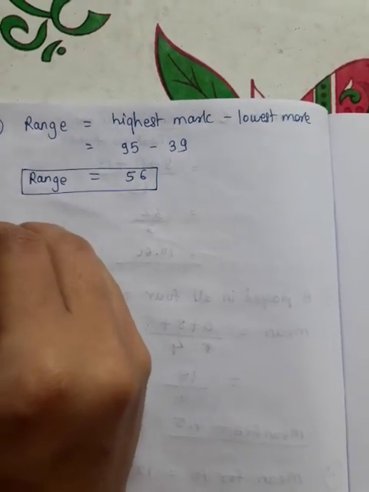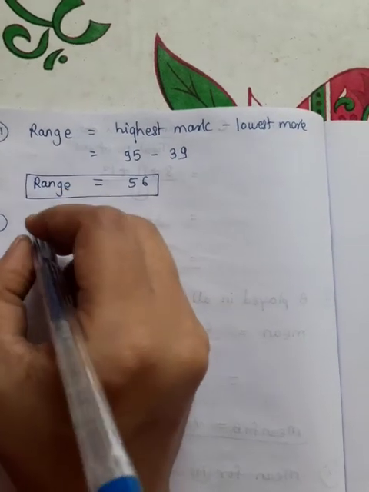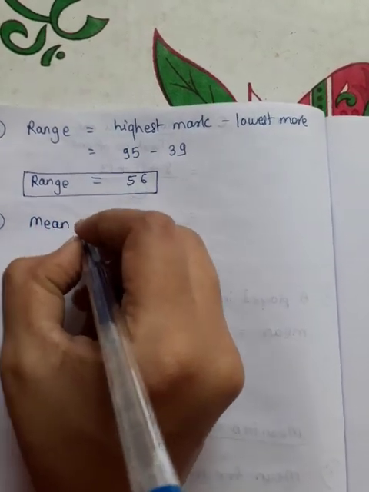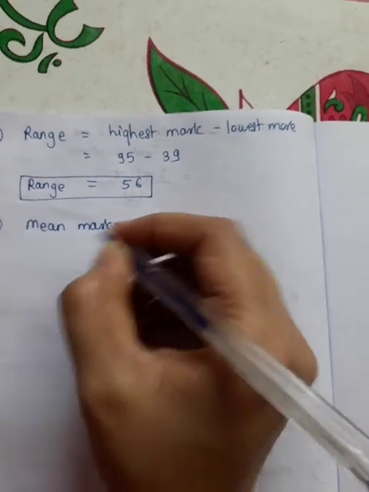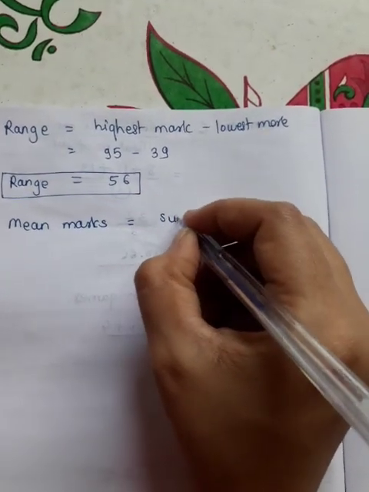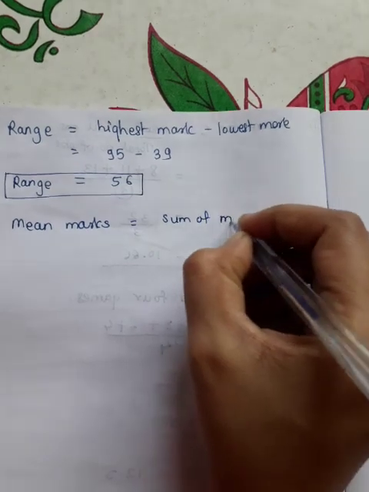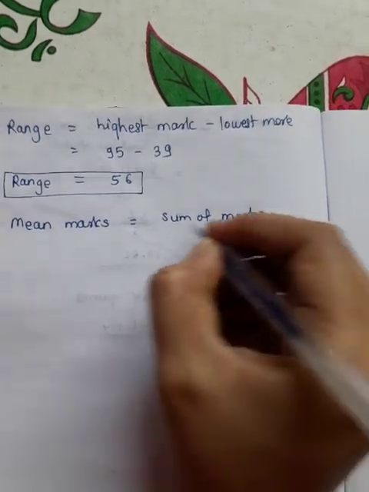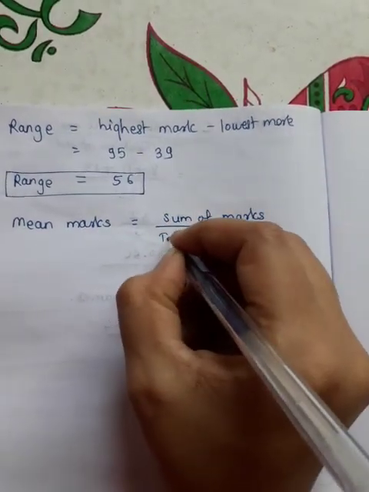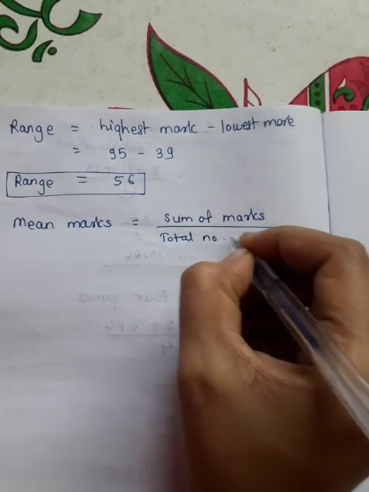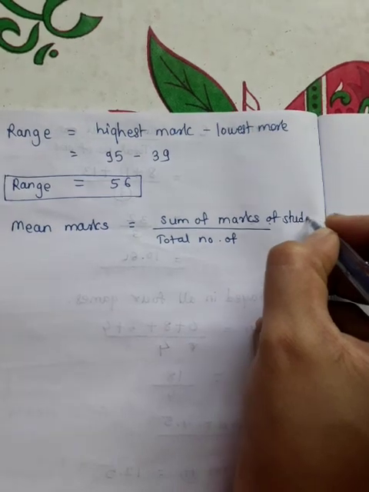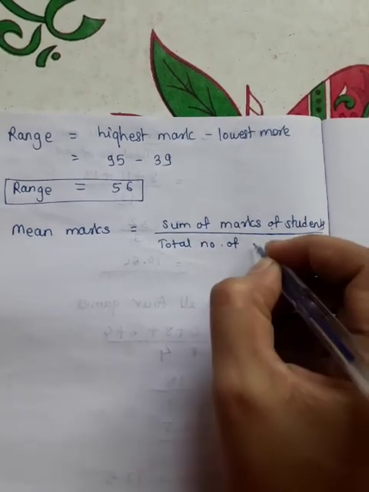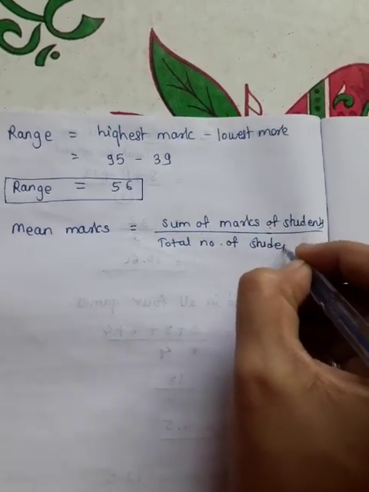Now question number 3 is the mean marks. We have to find the mean marks obtained by the group of students. So how do we find the mean? Sum of marks of students divided by the total number of students.